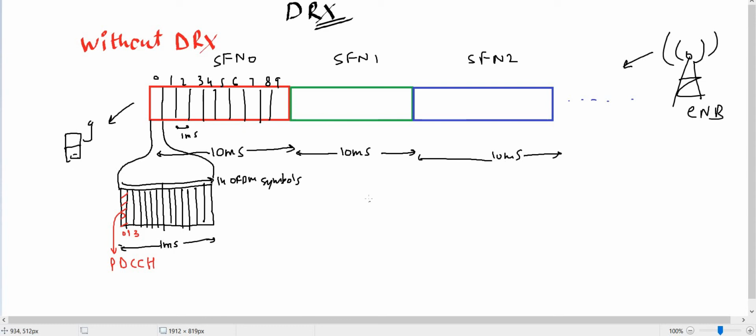The first step is to decode the PDCCH. Without decoding PDCCH, the UE will not be able to do anything. So why is it decoding PDCCH?